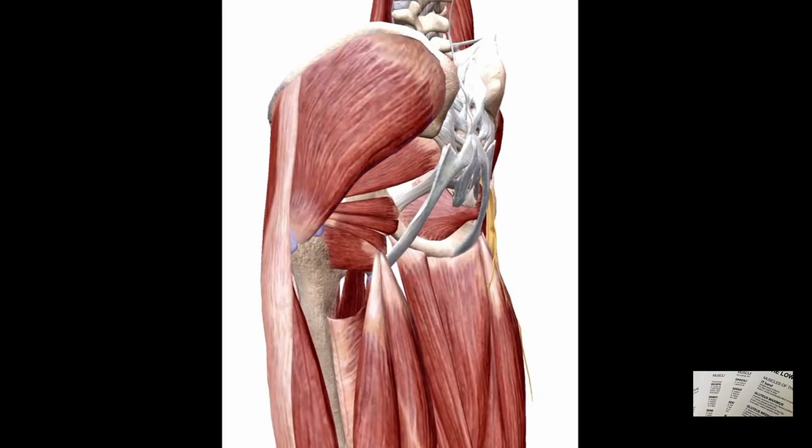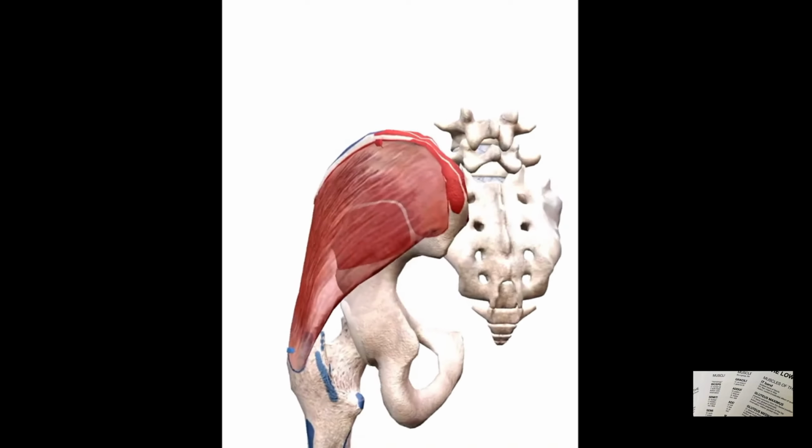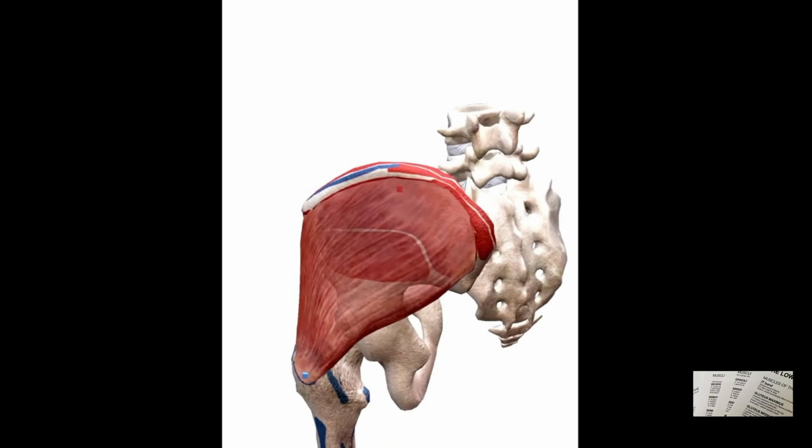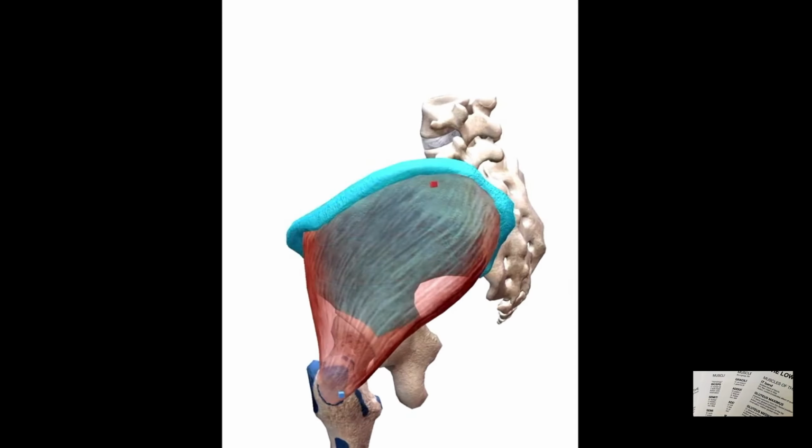Gluteus medius. So what's the origin for the gluteus medius? That's right, the gluteus medius originates on the dorsum of the ilium and the iliac crest. You can see it there. Here's our ilium. You can see it originating there.